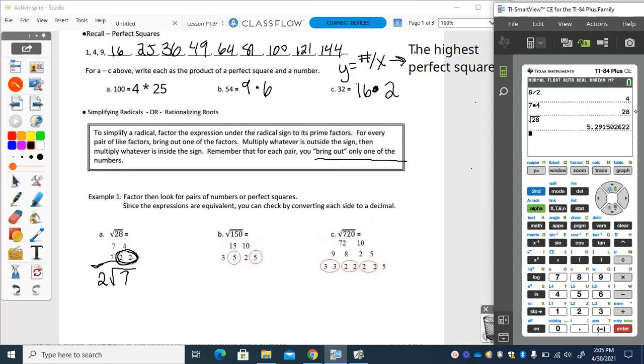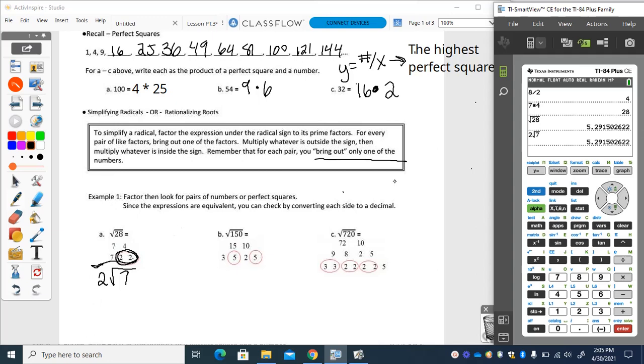Now, I can't write that down as an answer. I don't want that as an answer. We want a more simplified radical, so that's why we did this prime factorization. Let's see if what we did was right by typing in 2 times the square root of 7. So 2 second square root 7. What do we get?